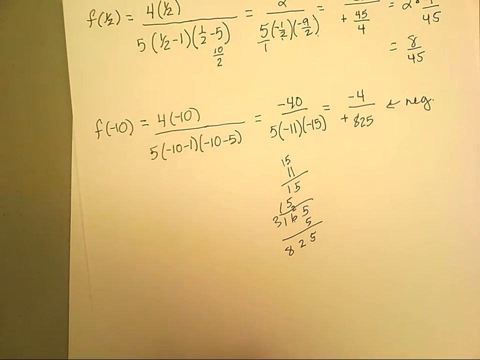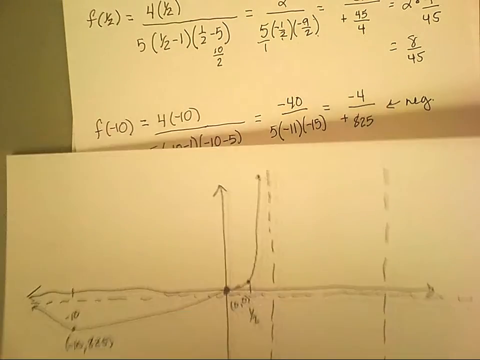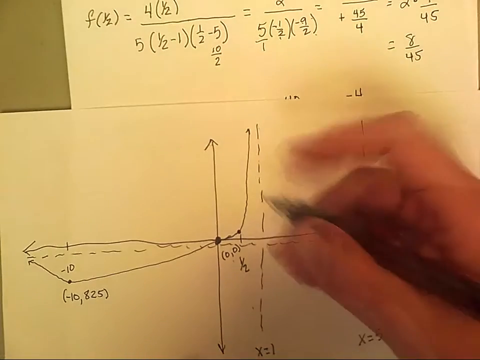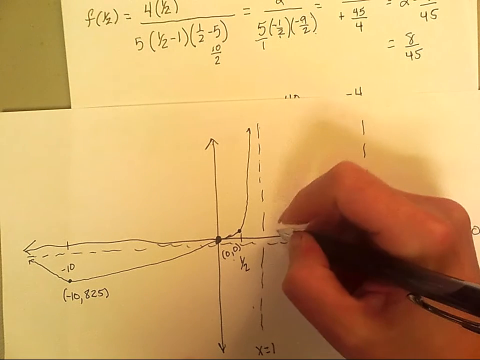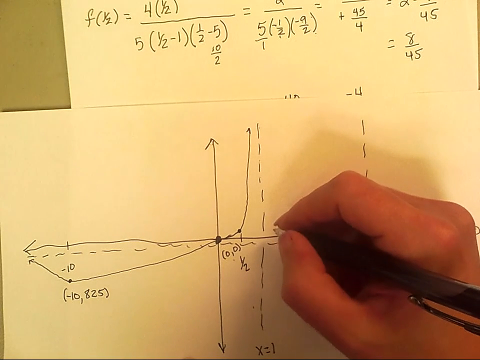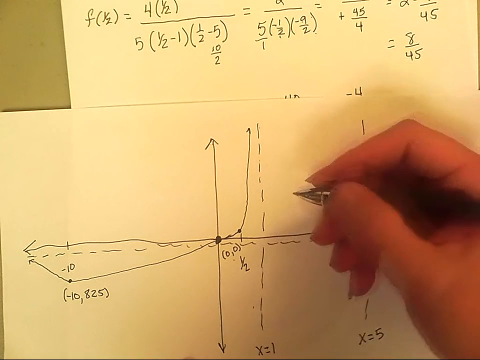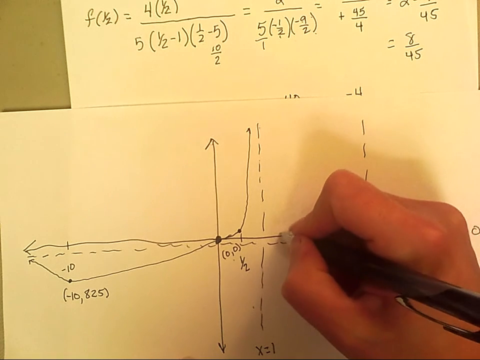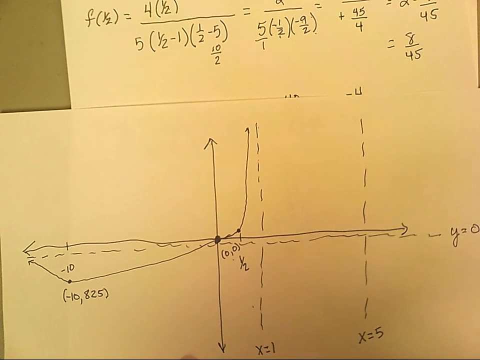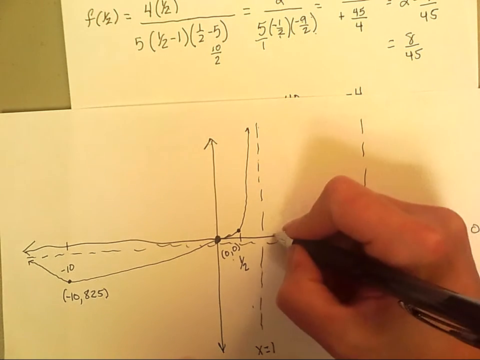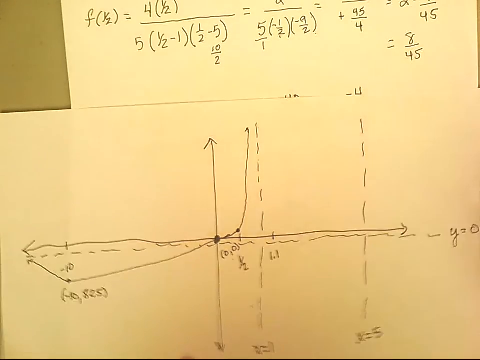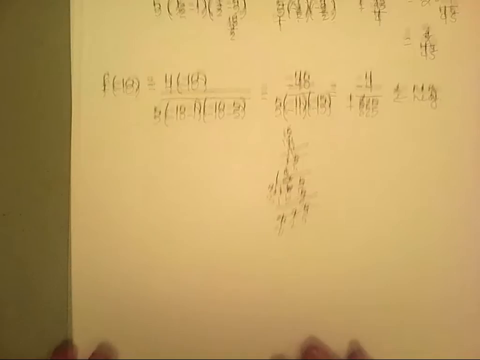Okay. Now we need to know what's happening at a value over here close to 1. Let's look at 1.1 for fun. Let's do a decimal.